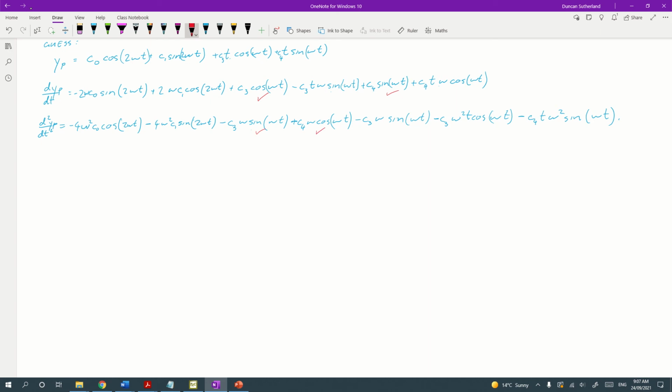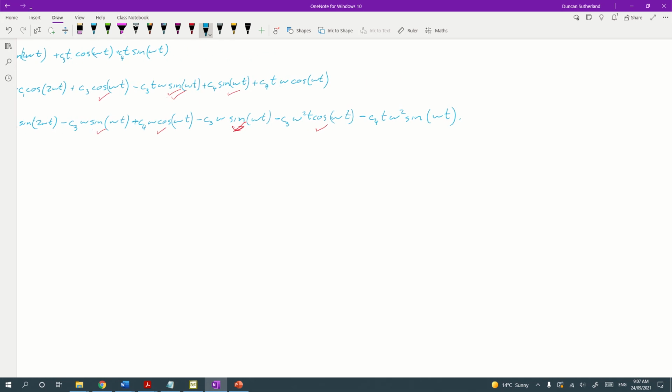Right, so then I've got to differentiate this one with respect to t. Then I've got to differentiate this one with respect to t, yep, so that's all there, that one's there. Then I've got another term which is just plus C4 cos omega t from this one.